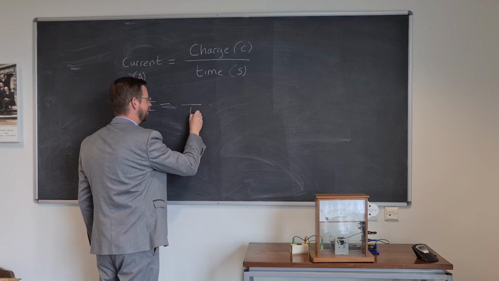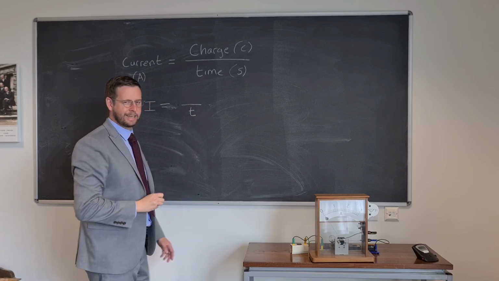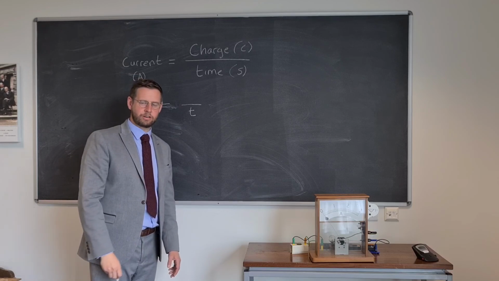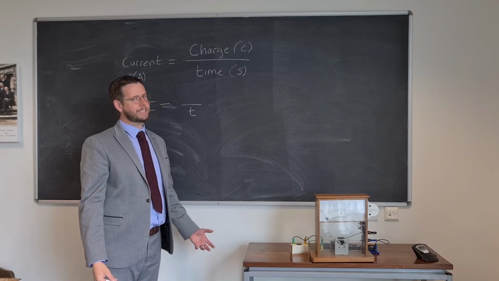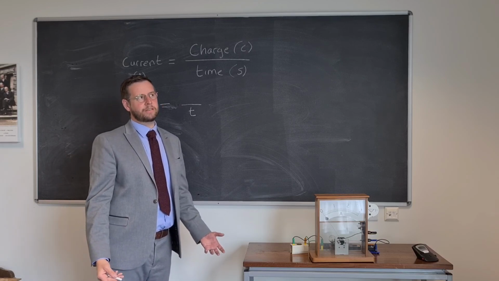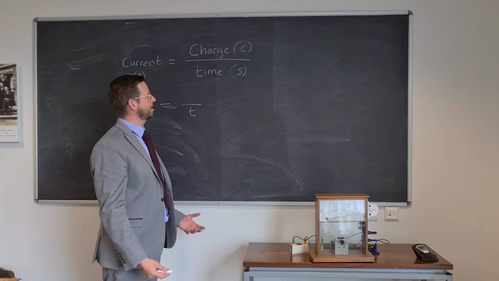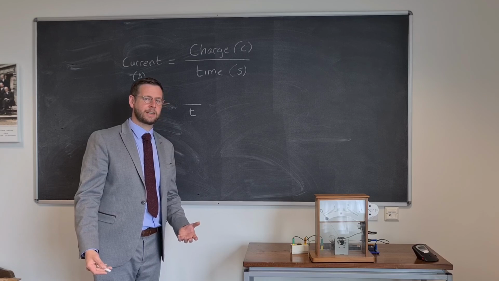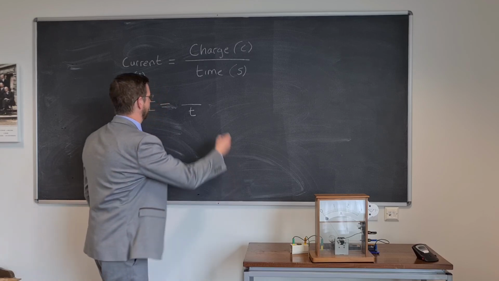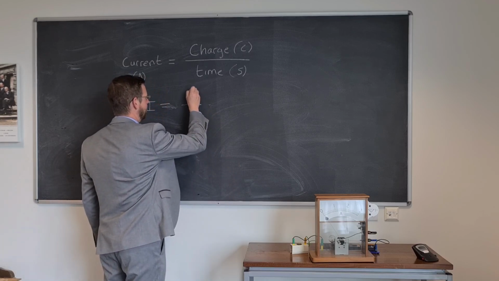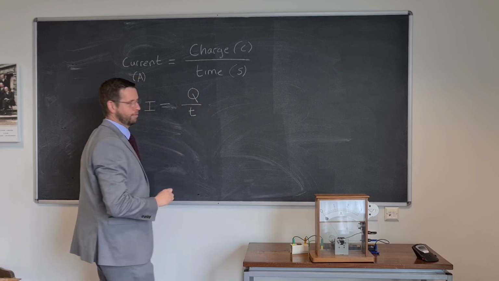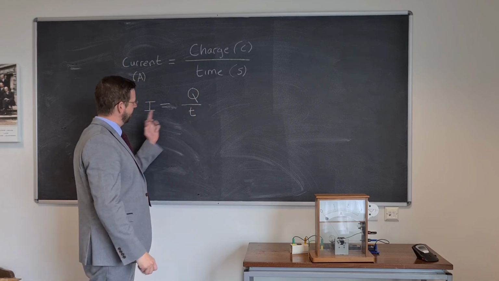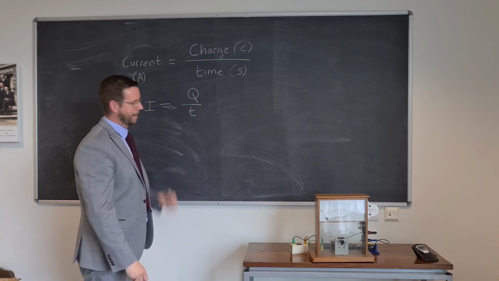Now time is a lowercase t, that's easy. But what about charge? Now the problem with using C is it's already used for Celsius, it's already used for coulomb. So they decided to go with something not used. And so they used the symbol Q. That current is the charge divided by the time.